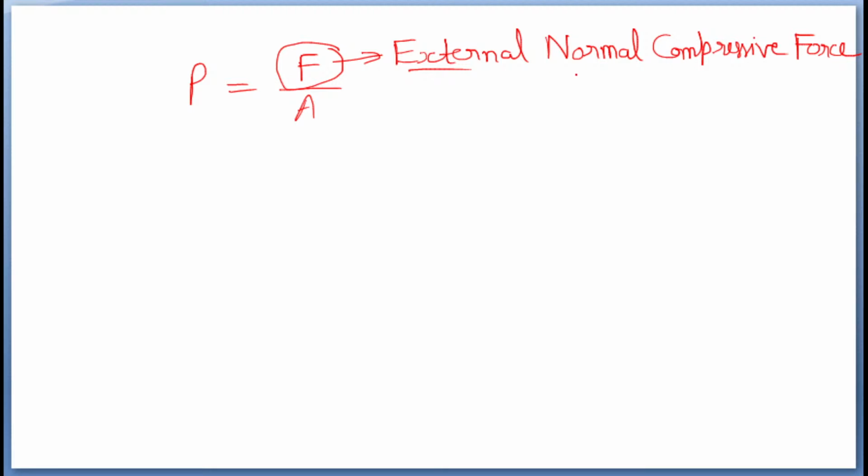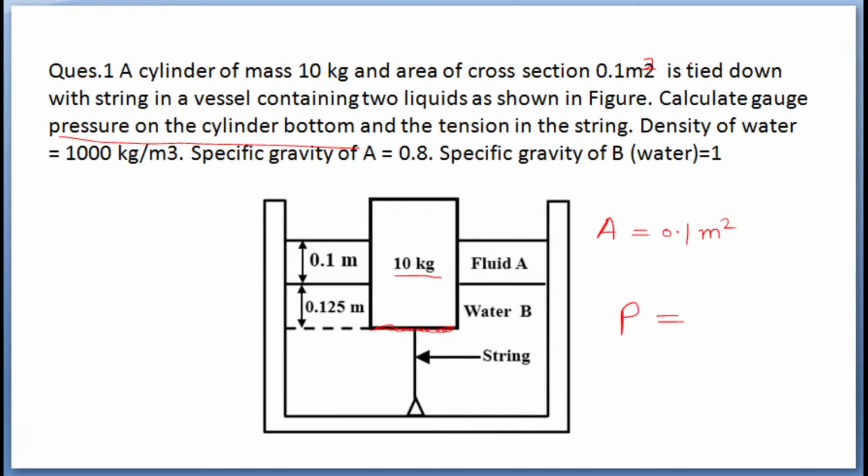If it becomes internal, then it becomes stress, and strictly speaking, normal stress. Why is it known as normal? Because its direction is always normal to the surface. The third thing is compressive. Why is it compressive? Because pressure force is always of compressive nature, not of tensile nature. I think this point is clear. Very good. अगर ये point clear हुआ तो very good.